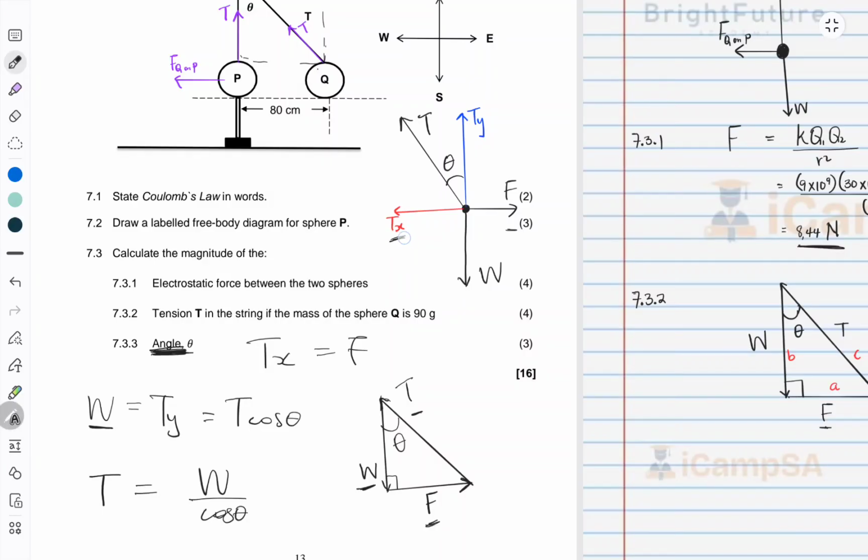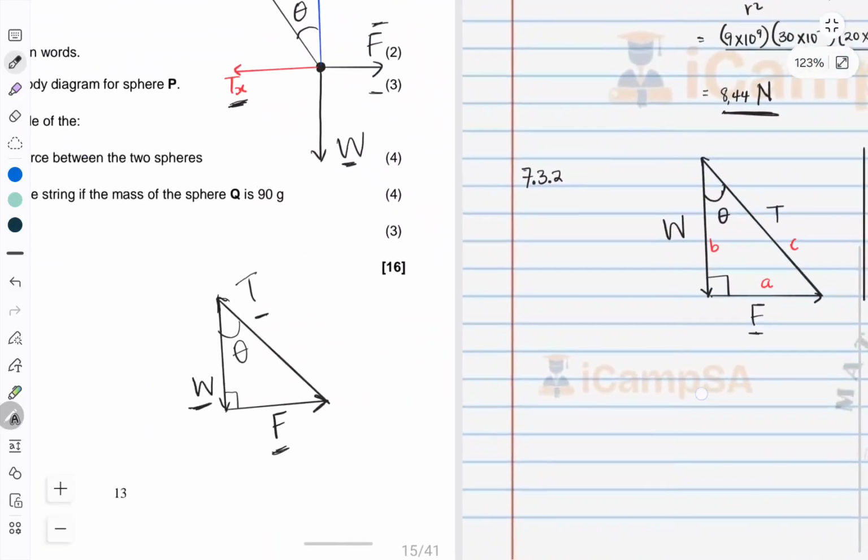So I'm equating the Tx with the F, because that's along the x-axis. I'm equating the Ty with the W, the weight, because that's along the y-axis, right? So yes, that's equilibrium for you. You can do stuff like that. But since we don't know theta, it's fine. I think we can use it for 7.3.3, okay?